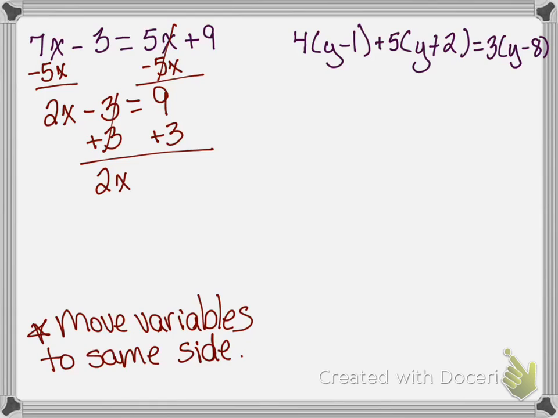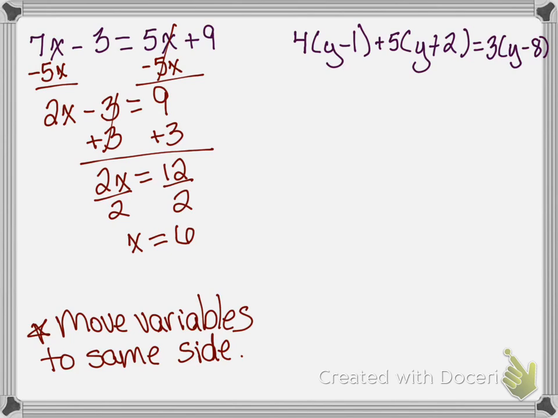And we get 2x equals 12. 2 and x are being multiplied together, so our inverse operation there is division. We divide both sides by 2 and we get x equals 6.